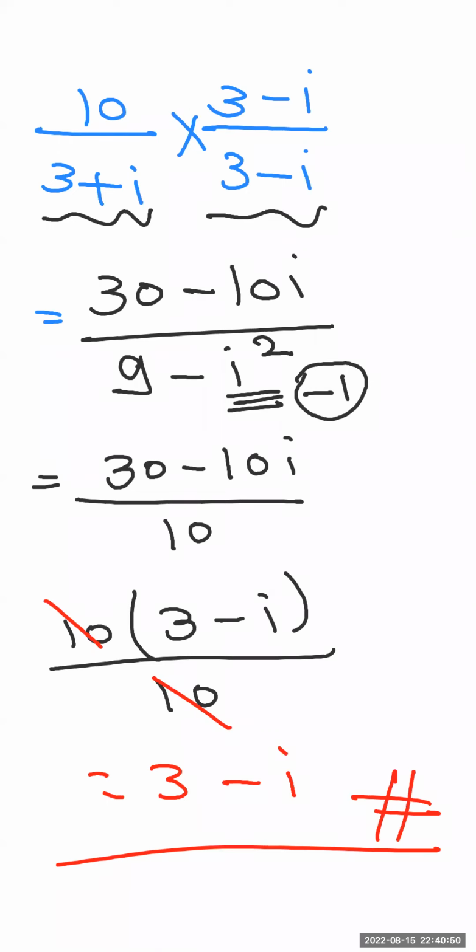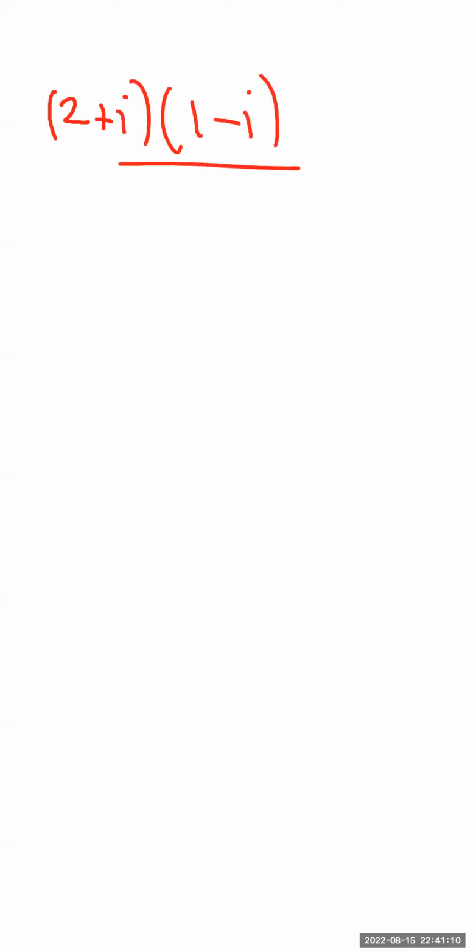Okay, so let's solve one different question, because number 3 is exactly like number 2. Let's solve question number 4 in the example. It's 2 plus i times 1 minus i, all over 1 plus i times 3 minus 2i.